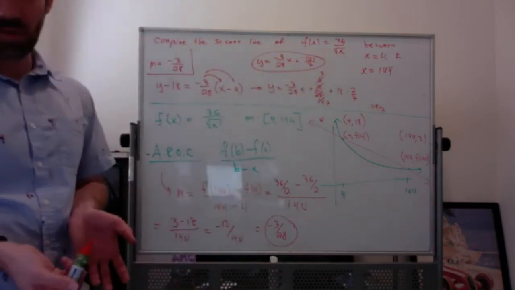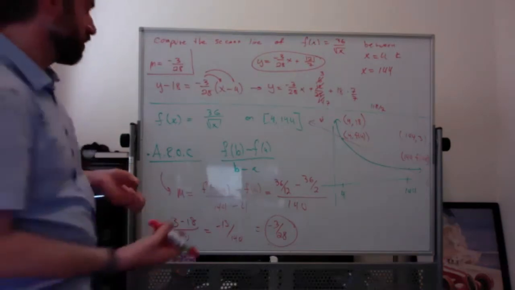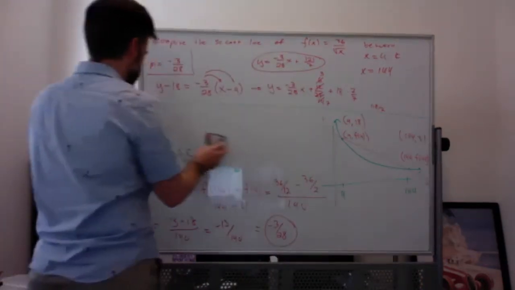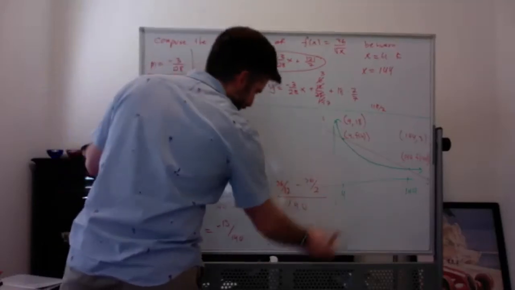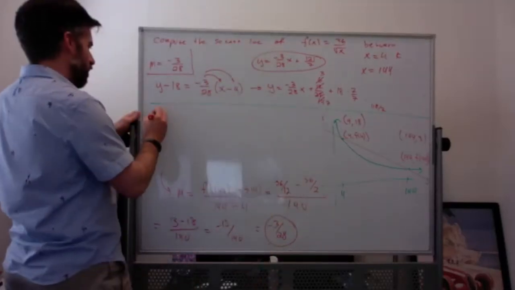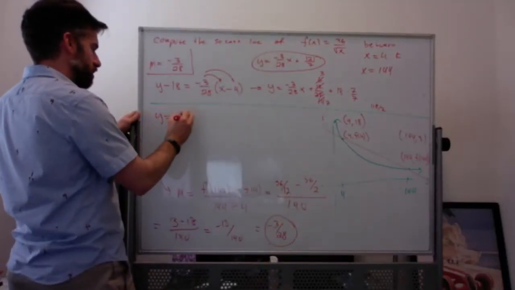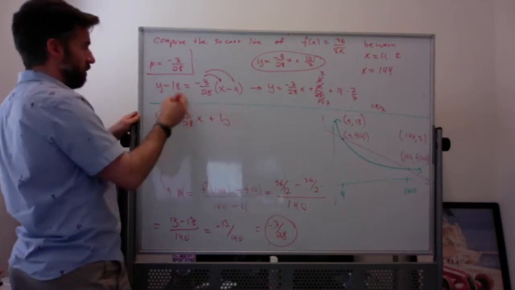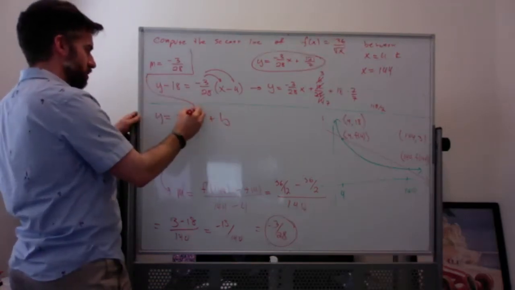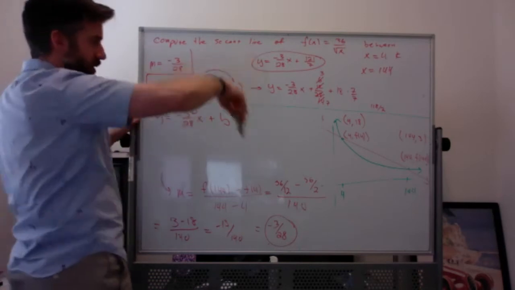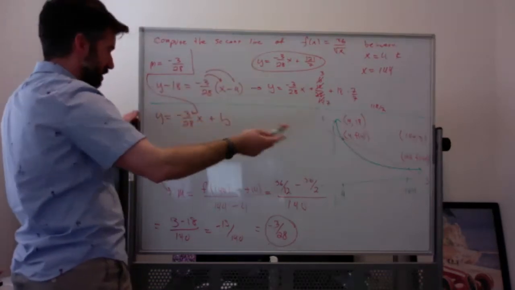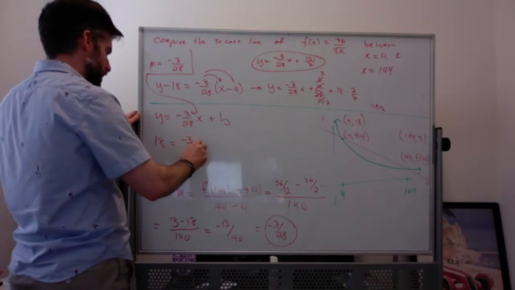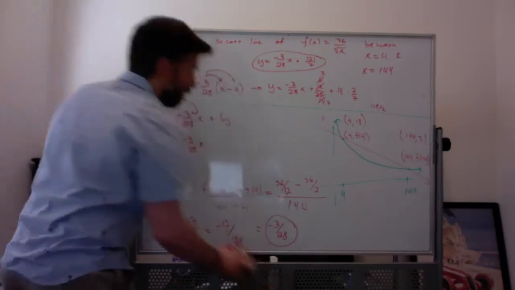So that's definitely one way you can do it. The other way people prefer to do this is to start with y equals mx plus b, and then plug in one of those points to get the value for b. So y equals mx plus b, and we already know the m value. Then we plug in one of the two points we just used. I'm going to use the same point and say y is 18 and x is 4.